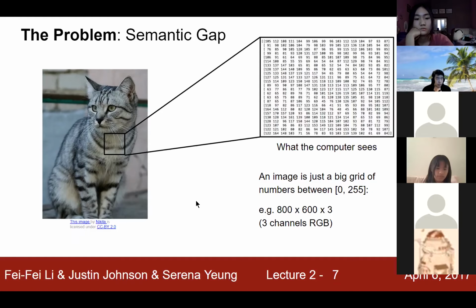For example, our image might be a file with a bunch of numbers from 0 to 255, because those would be RGB values. Red, green, blue goes from 0 to 255, so you might have three numbers per pixel, and you would have a matrix, or you can think of it as an array or a grid, that is X by Y, the size of your image.